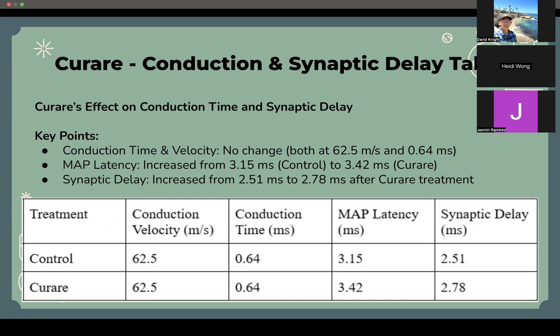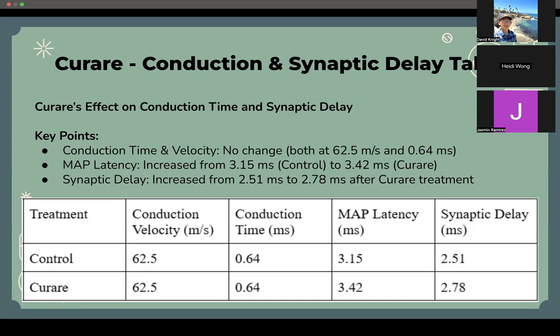So the table is going to highlight the effects of Curare on conduction time and synaptic delay. The conduction time remained unchanged, indicating that Curare does not impact the nerve's conduction velocity. However, the MAP latency increased, leading to a longer synaptic delay.